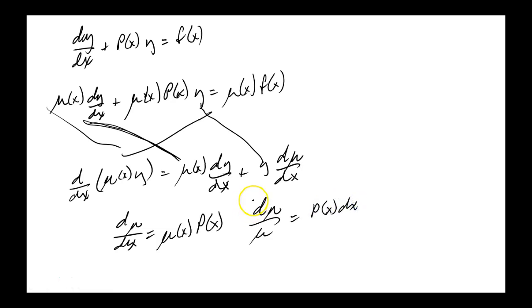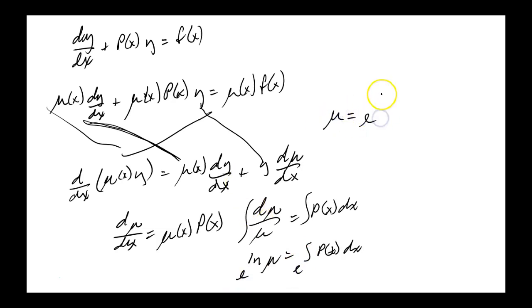We integrate both sides, and that gives us log of mu is equal to the integral of p of x dx. Now we know p of x; that was given to us in the very beginning. And what is your log then? Let's exponentiate both sides. This gives you mu equal to e to the integral of p of x dx.